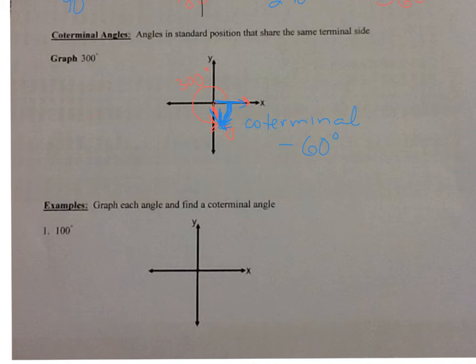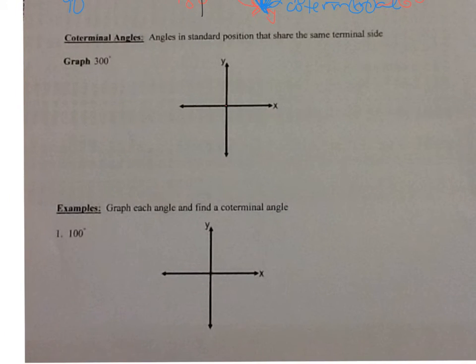The reason why is because you can take your angle, which is 300 degrees, and open it up like this. Let's say I have this 300 degree angle. I'm going to redraw it. 300 degrees was here.